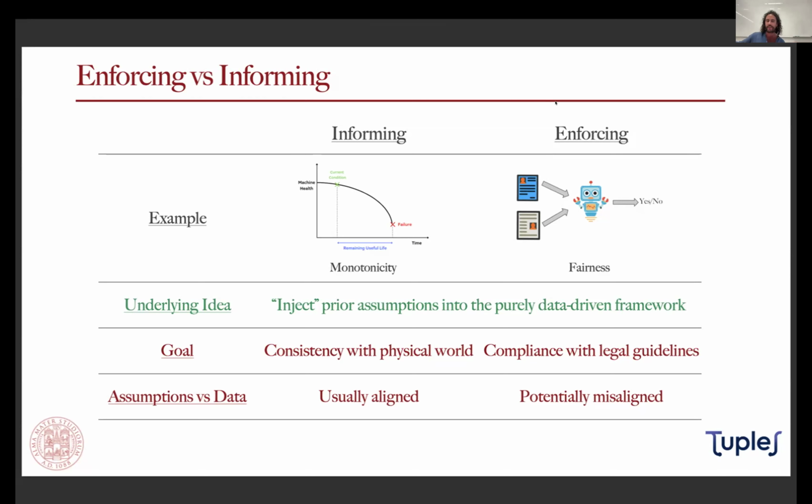So the data from which I want to learn is consistent with the monotonicity assumption that I want to inject. On the other side, this is not really the case. It's more often the case in which these two things, assumptions and data, actually diverge from each other.